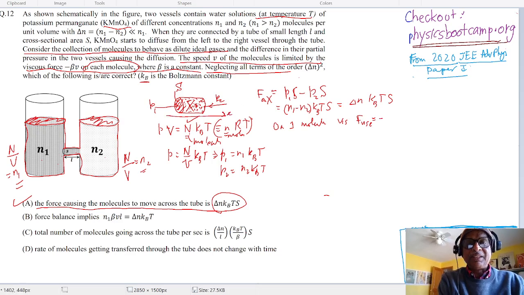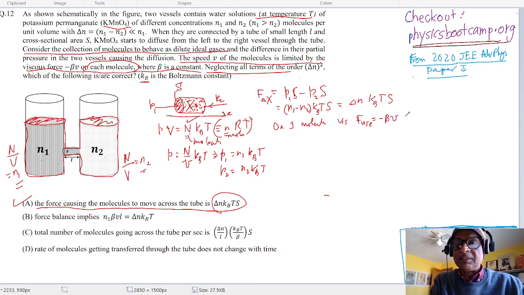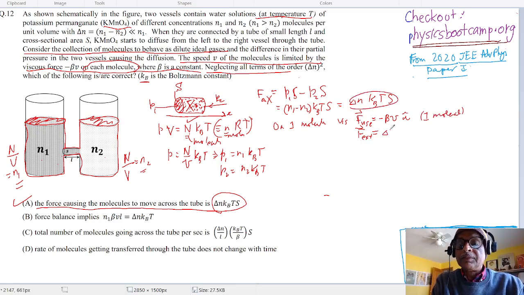If this was the x direction, then viscous force will be minus beta V i hat, and external force, for one molecule, is this delta n kBT S i hat, for all molecules.